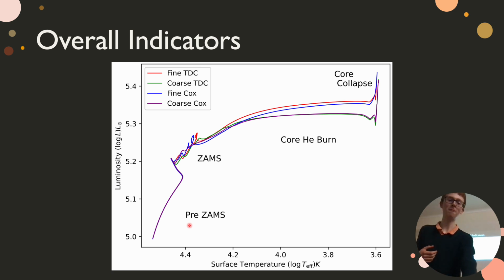You can see here we've got pre-ZAMS, that word again, pre-zero age main sequence. This is why we say ZAMS: because it is a very obvious point in the HR diagram. It's this little flicky thing that looks, well, it literally is. You look at that and you think, oh, ZAMS.